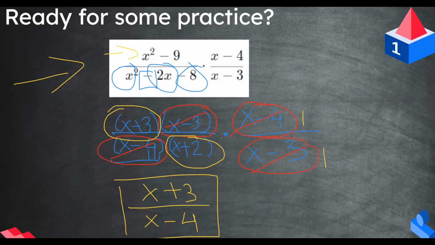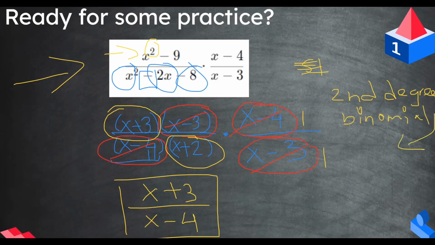Then ask yourself, what is the type of factoring that I should be doing in here? Well, I see a square. If it's a second degree binomial and they're subtracted from each other, then look for difference of perfect squares.